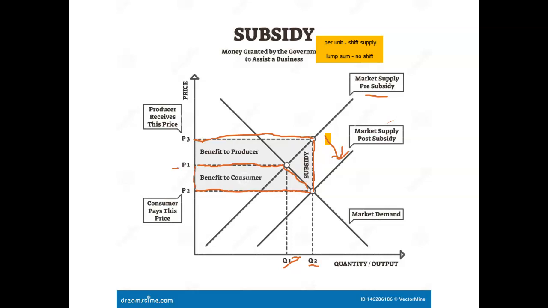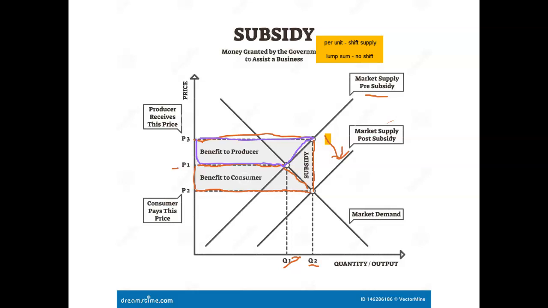We also can look at the producer getting additional benefits, because of this subsidy, all the way to here. This is additional consumer and producer surplus. Even though it's flipped and it looks really weird, we're adding that additional benefit to the net benefit that we have.